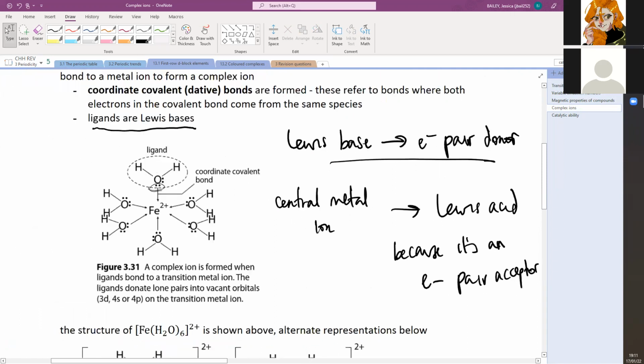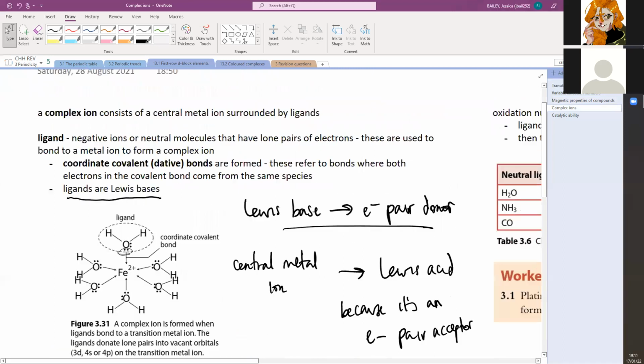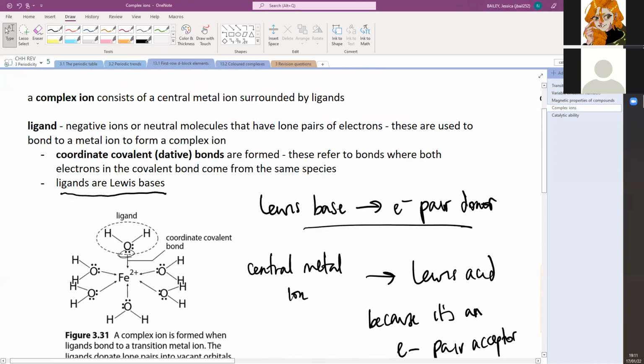Now, the definition of a ligand is any sort of negative ion or molecule that has at least one lone pair of electrons. And those lone pairs of electrons can be used to bond to a metal ion, which is exactly what's going on in this case here. And the name of the bond that's occurring is a dative bond or a coordinate bond or a coordinate covalent bond.